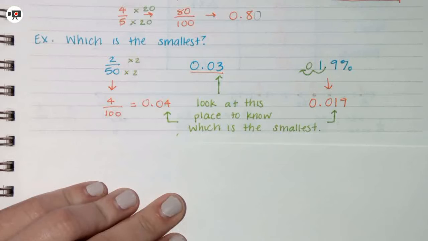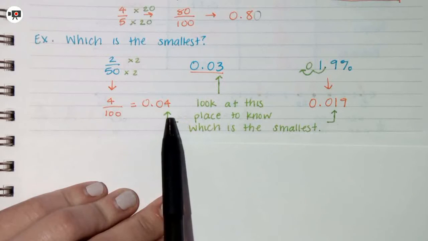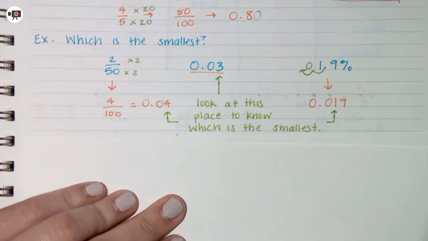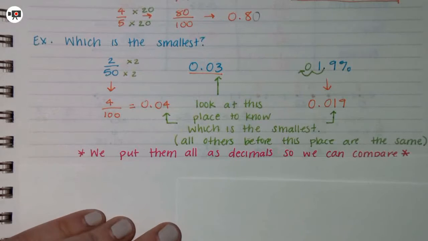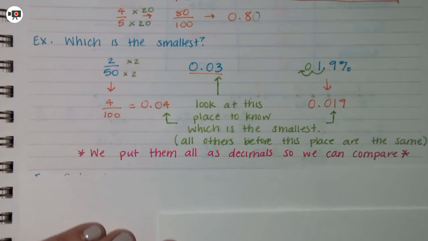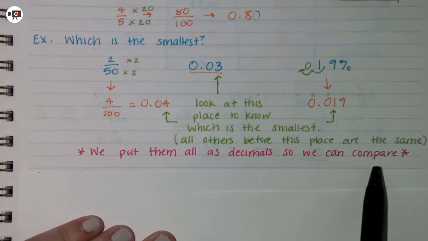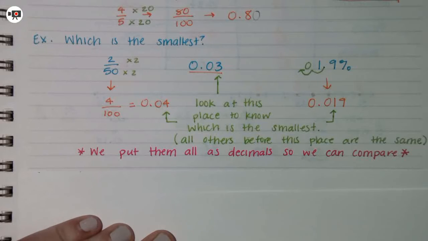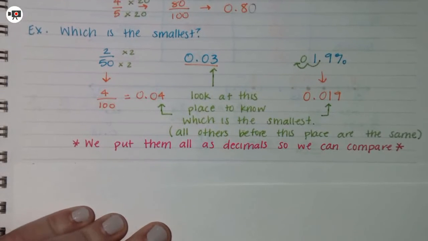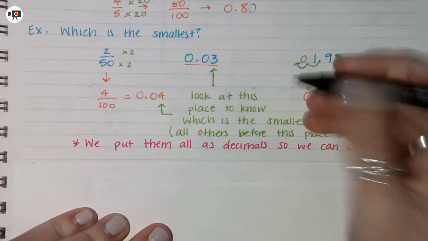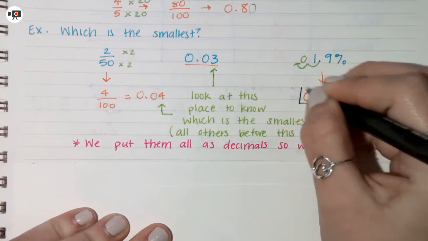So now I'm comparing 1, 3, and 4. 1 is the smallest, and so I know that 0.019 is the smallest. So we put them all as decimals so that we can compare them. So this one is my answer.